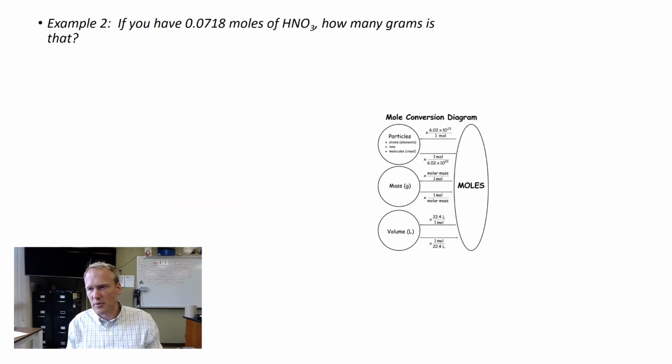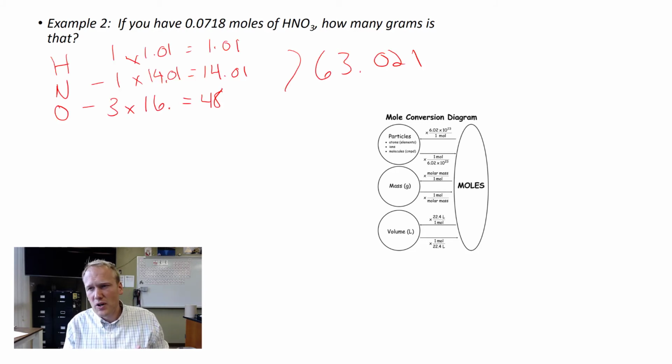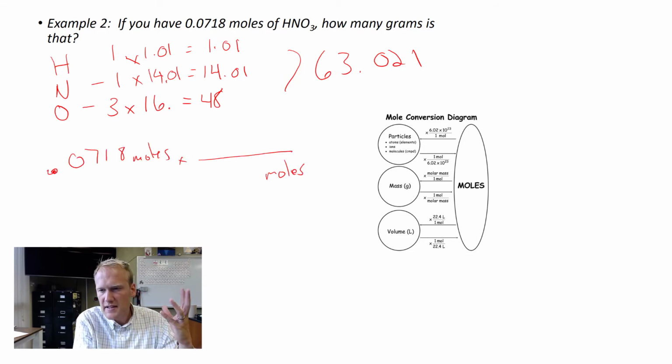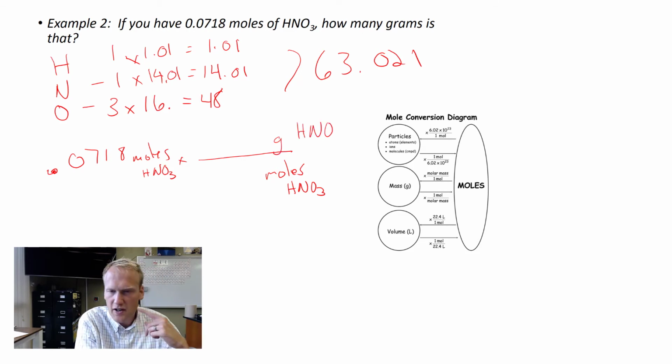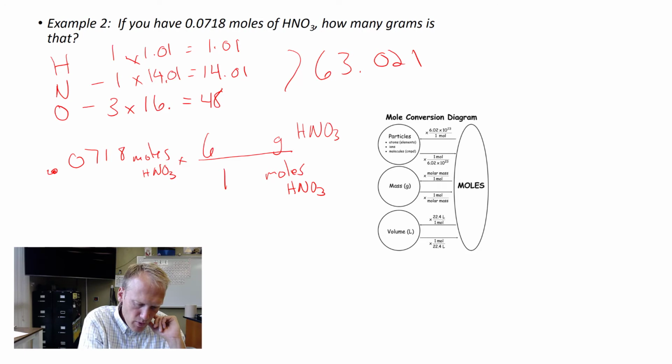Here's another example. Since we're using grams, we should find the molar mass of HNO3 first. That gives us 63.021, and our given we'll start with is 0.0718. In this case, moles goes on the bottom, and grams goes on the top. And our equality is 1 mole equals 63.021 grams.